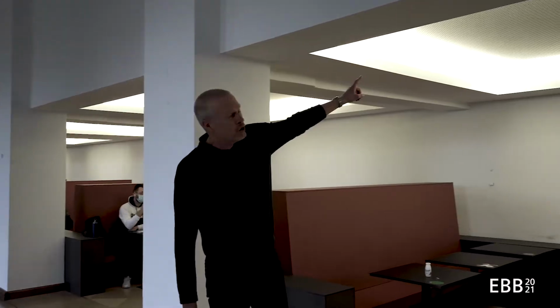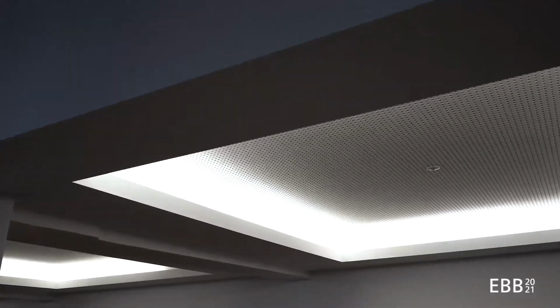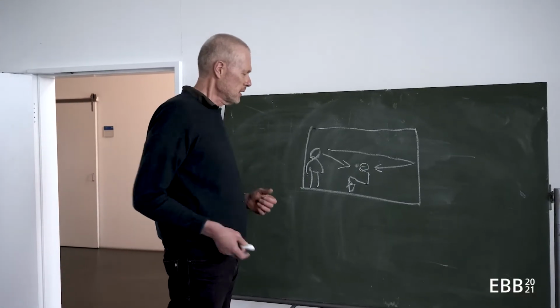Here we have a work niche, and you can see that the suspended ceiling has holes in it, and behind the holes there is an acoustic panel for the absorption of sound. The basic problem in acoustics is double sound.